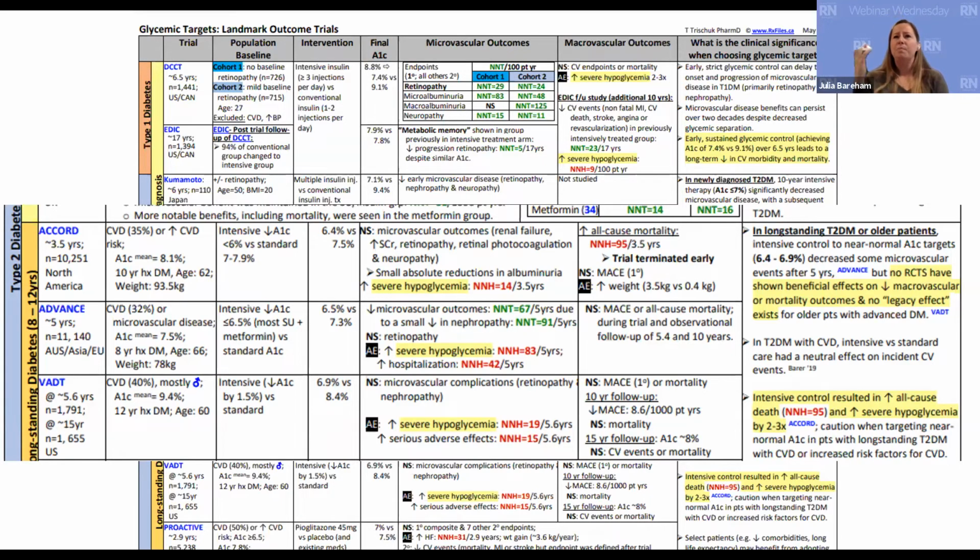But with those big cardiovascular outcomes, the major adverse cardiovascular events and all-cause mortality, we didn't see any difference. So to me, this says, do I want to push that target to a lower number, or am I fine when my patient is at 7.5, even though the guidelines say 7? This sort of helps me make a better informed evidence-based decision and to have that conversation with the patient as well.